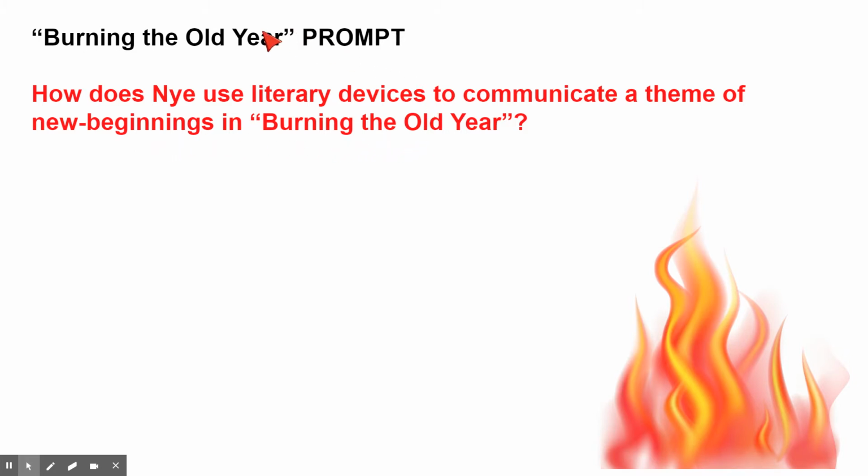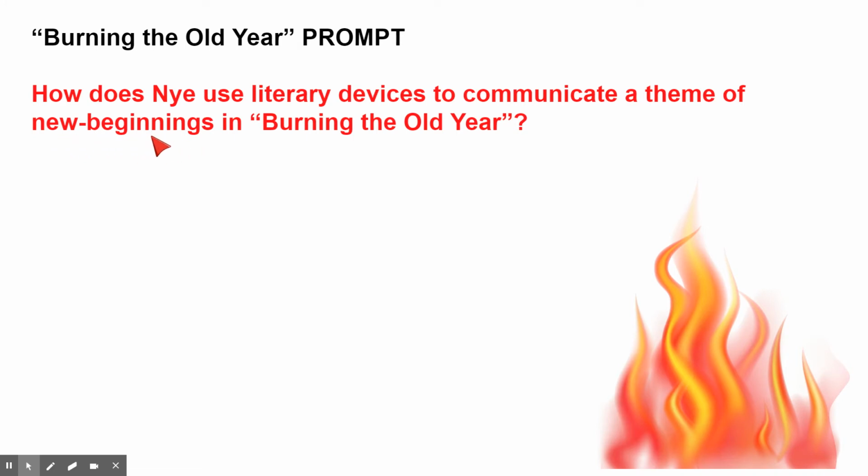So the prompt asks you about literary devices like personification, simile, metaphor, onomatopoeia, those types of things, imagery. Okay, so the prompt asks about how she uses literary devices to create a theme of new beginnings. So you're being asked to address this particular theme.